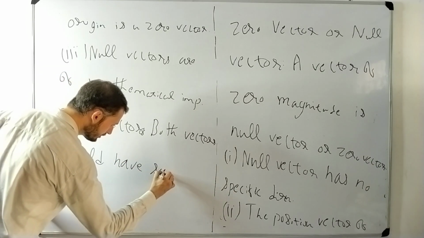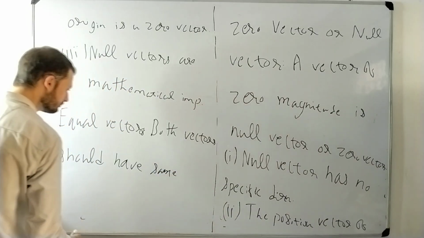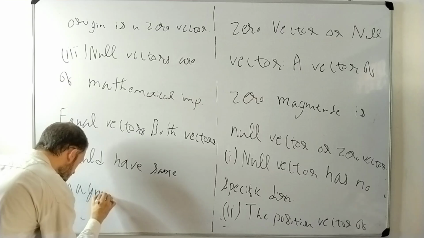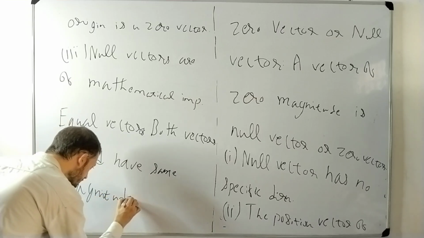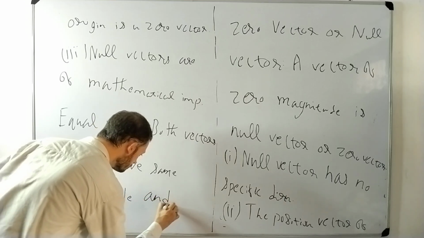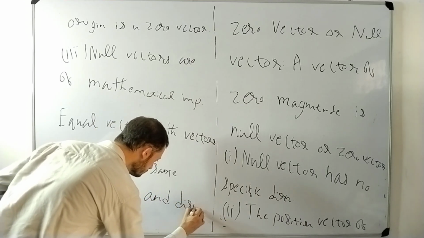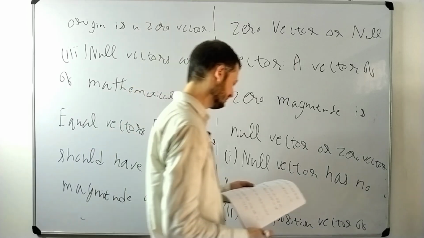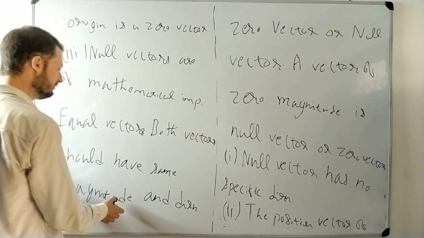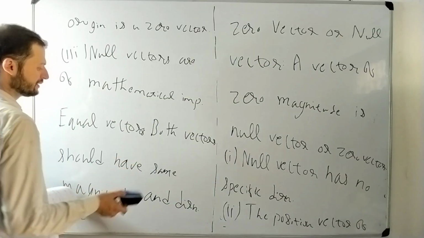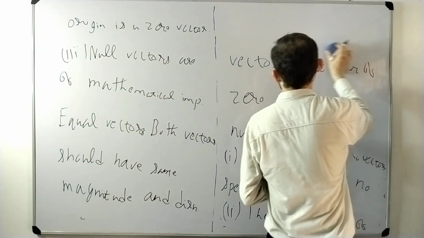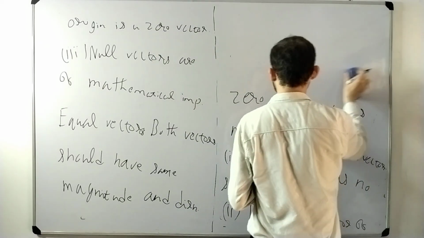Same magnitude and same direction. Then they are equal vectors. This was easy, sir. Yes, certainly. They can be in reference to different coordinate systems, but direction and magnitude should remain the same.